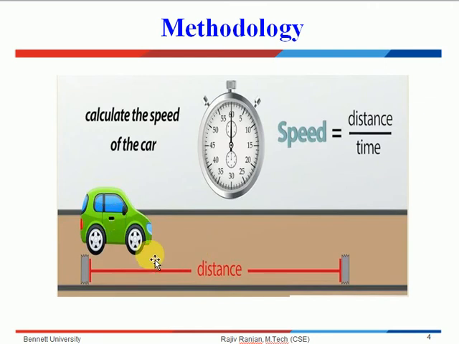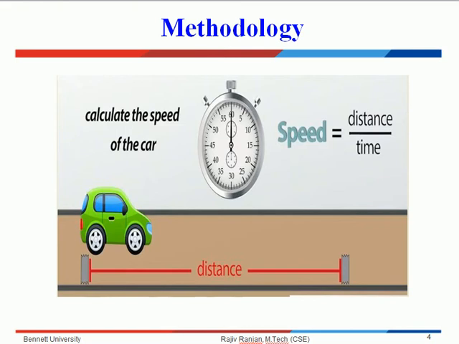By calculating the first instant of time and the second instant of time, and using the formula speed equals distance upon time, we get the proper speed of that vehicle. So this is the basic idea.